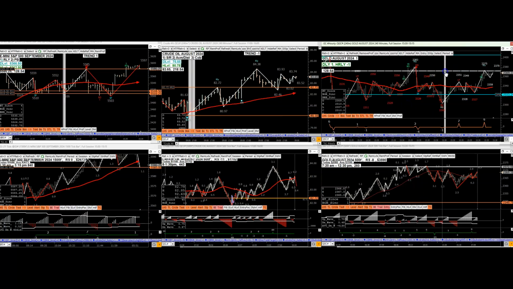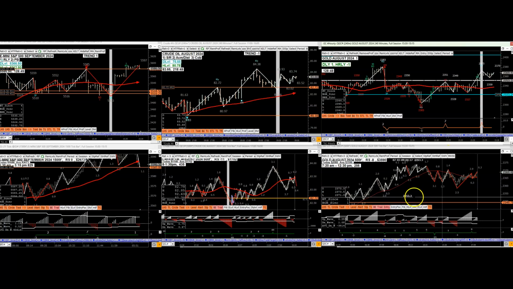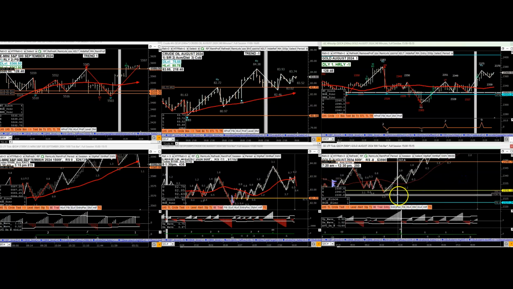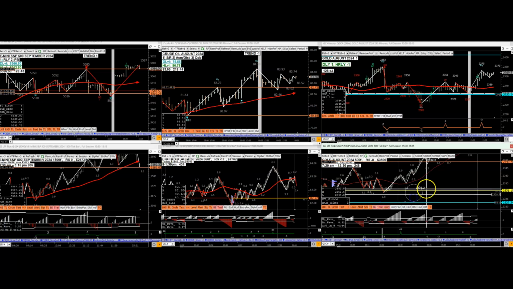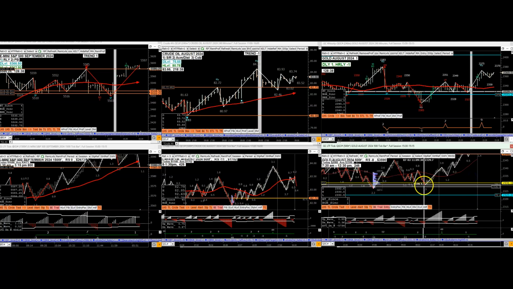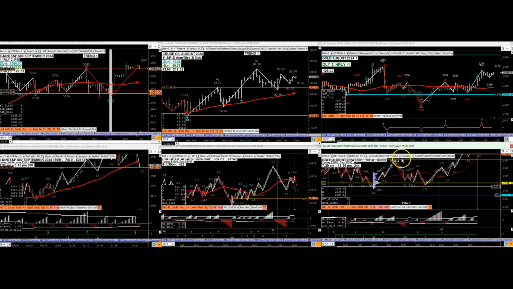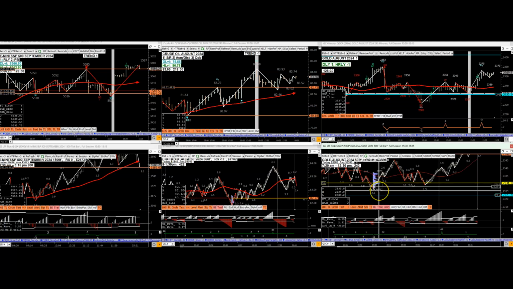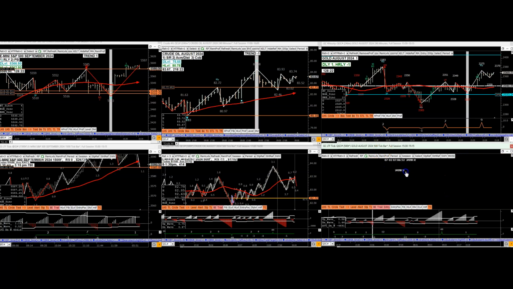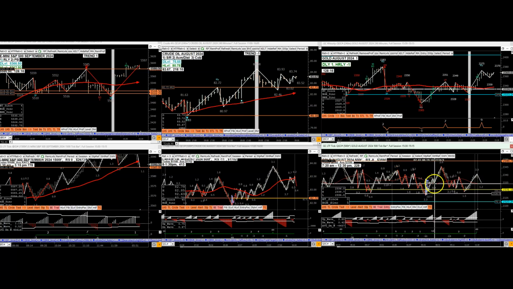As far as gold was concerned, there was a spring right there. This was the spring, and this was the spring, and I knew that this was going to be significant because if you take a look at the move, it sprung these lows, but look at the damage it did.